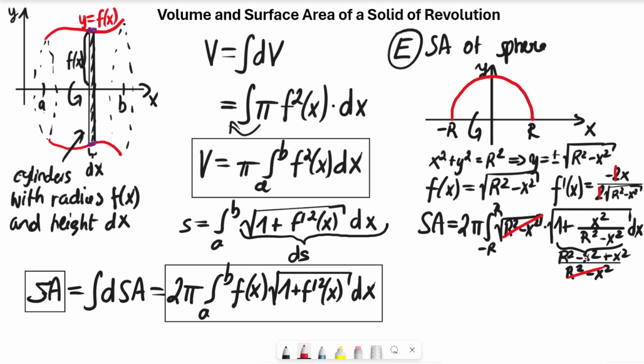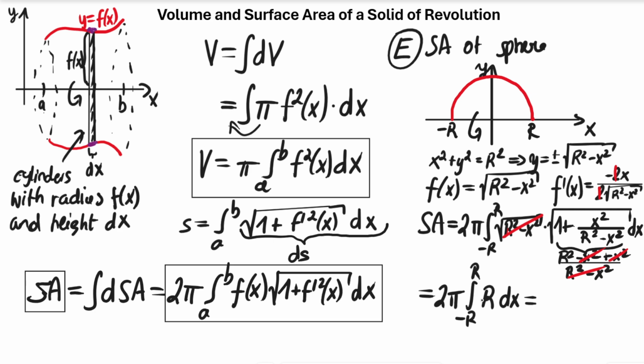And also in the numerator, minus x squared plus x squared. So this means we get 2 pi integral from minus r to r, and what remains is just the square root of r squared, which is r itself. The radius is positive, so everything is fine.